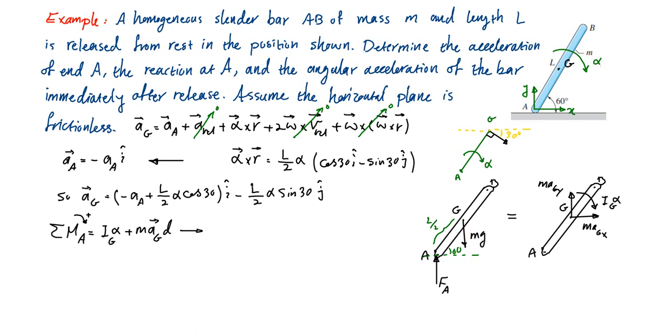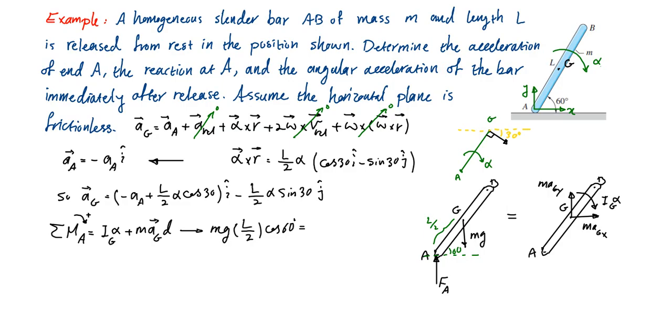That would be mg L over 2 cosine 60 degrees, which is equal to the right side: the mass moment of inertia about center of gravity for a slender bar, length L, mass M.